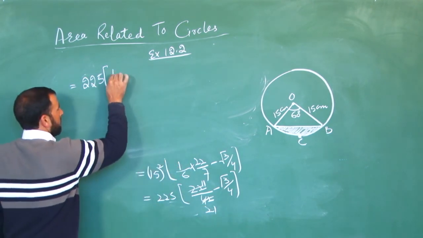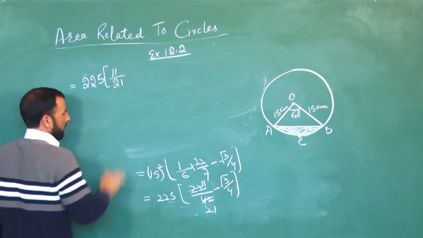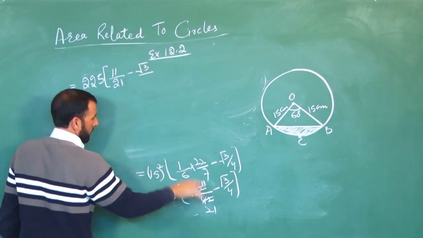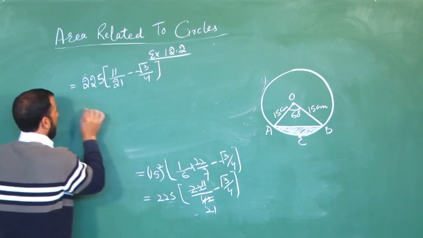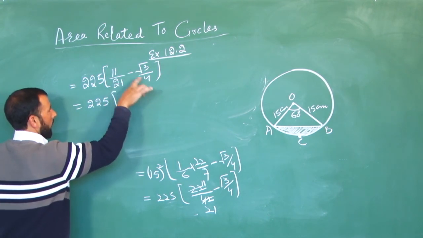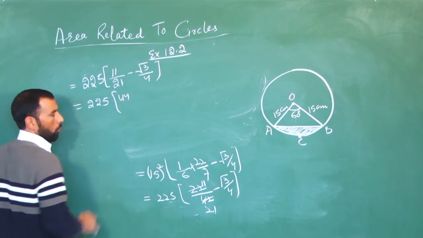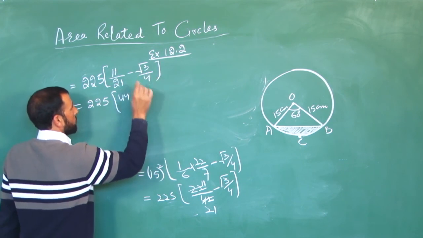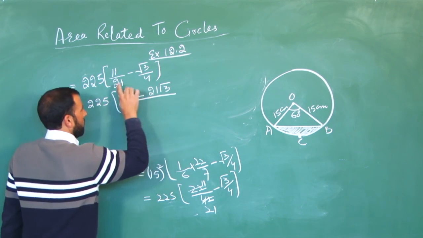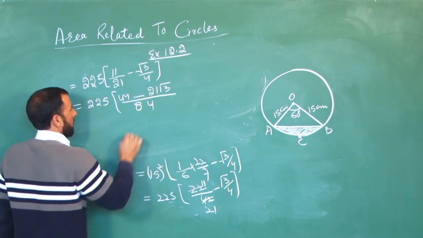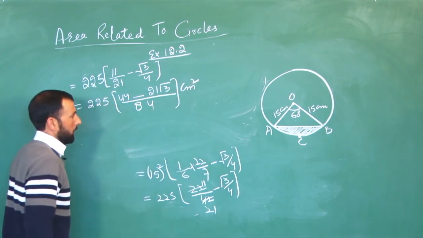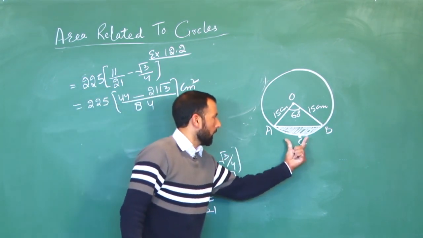We get 11 divided by 21 minus square root of 3 divided by 4. That implies 225 into 44 minus 21 square root 3, divided by 84. It is 84 square centimeter is the area of this minor segment ACB.